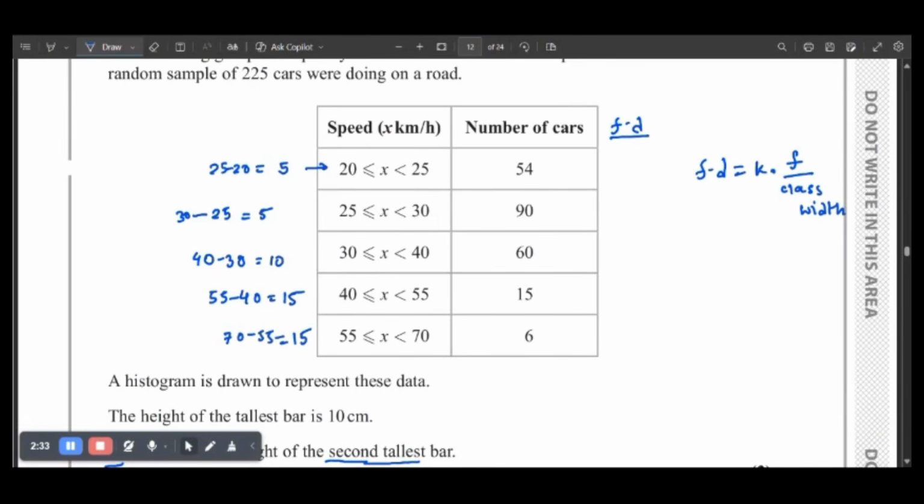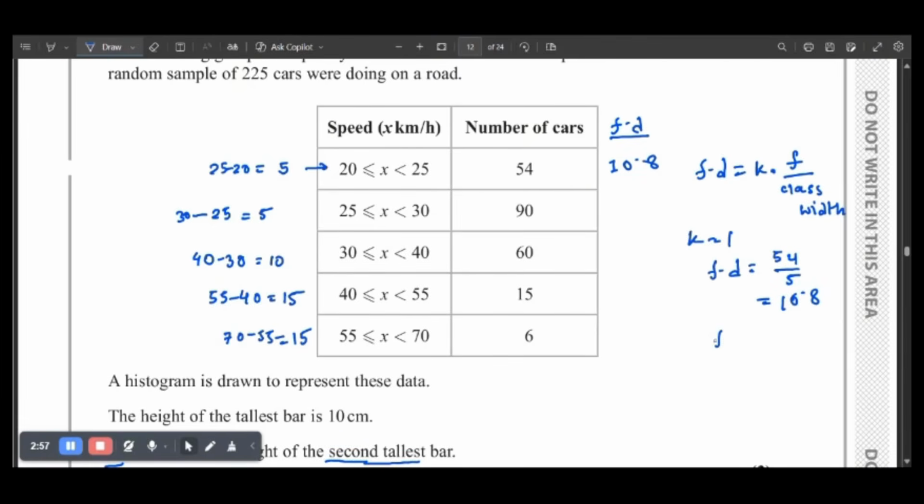We can assume that K equals 1. So now we can find the frequency density of each individual class. For the first class, the frequency is 54 and the class width is 5. The frequency density is 10.8.